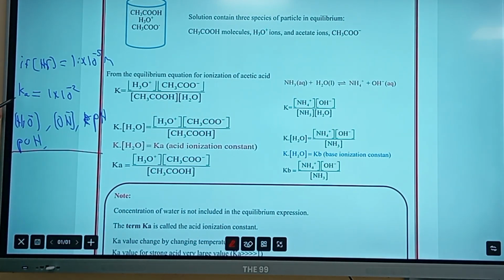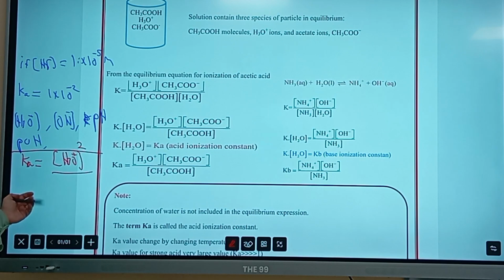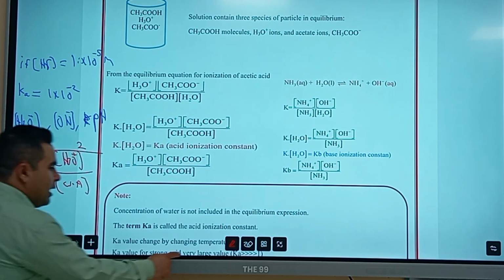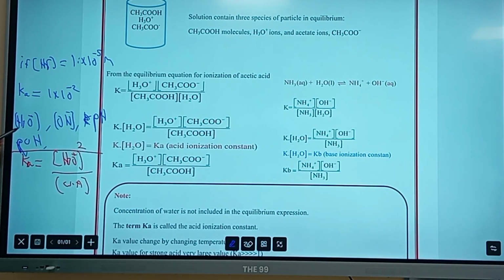We have to write the equation of Ka, guys. This is the solution. Ka is equal to the hydronium concentration squared, or we can say hydronium multiplied by the anion, but instead of writing the anion and hydronium both, we just write the hydronium squared over the weak acid concentration. From the question, Ka is given, which is 1 times 10 to the power minus 2.